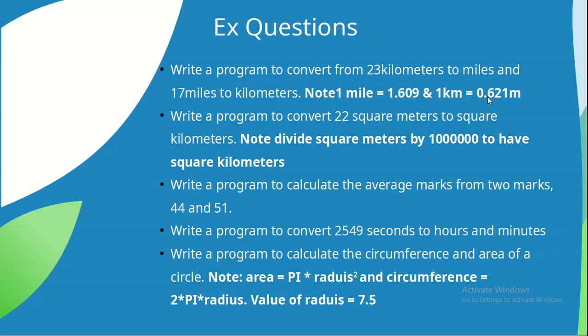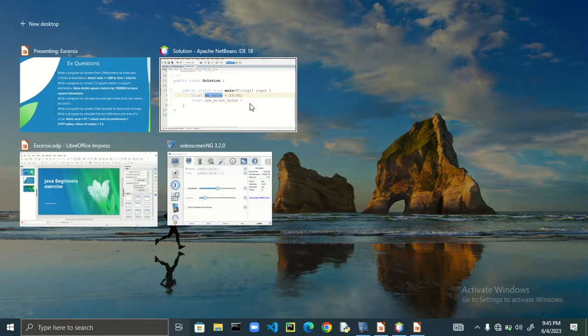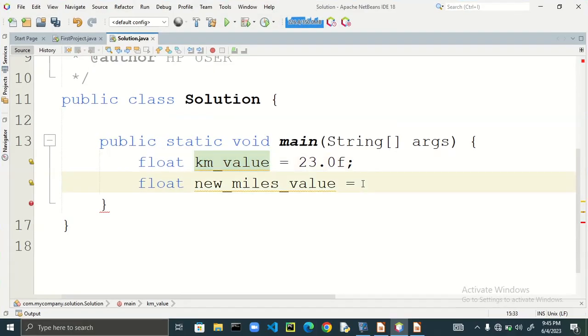Okay, 0.621. So we are going to multiply everything here by 0.621. Now remember, the 621 is a float, so we have to add F here, then we close.